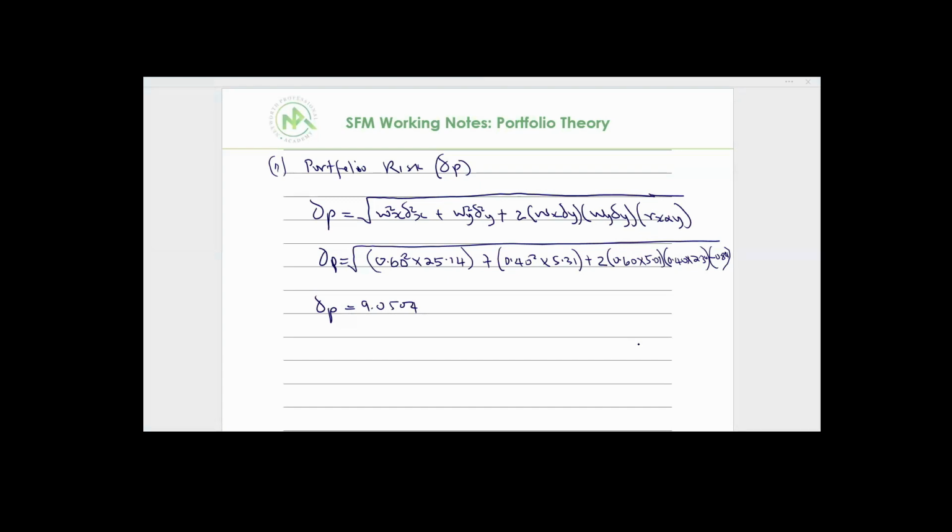Then the next one is 0.4 square multiplied by 5.31, equal to 0.8496, plus.